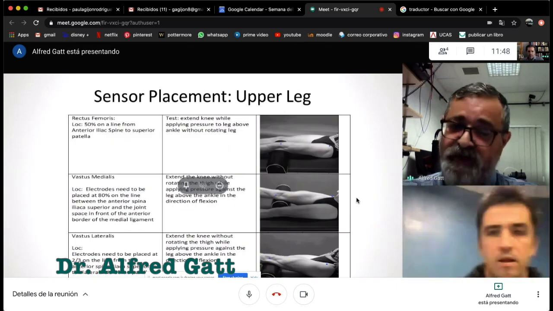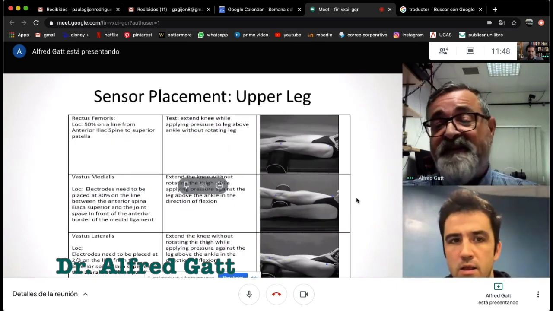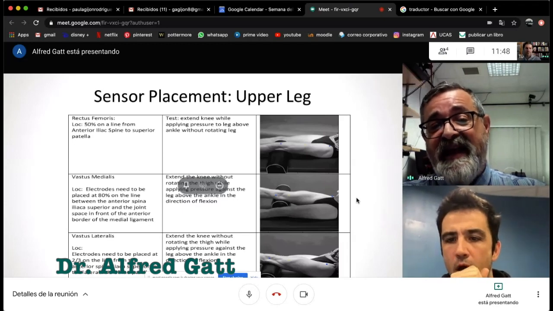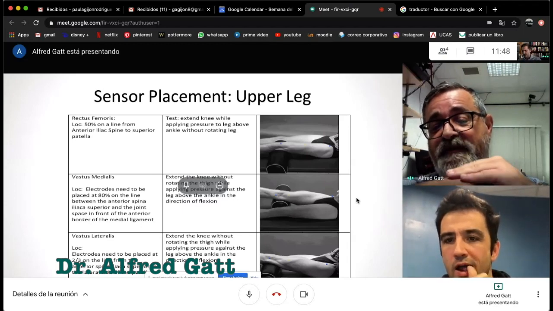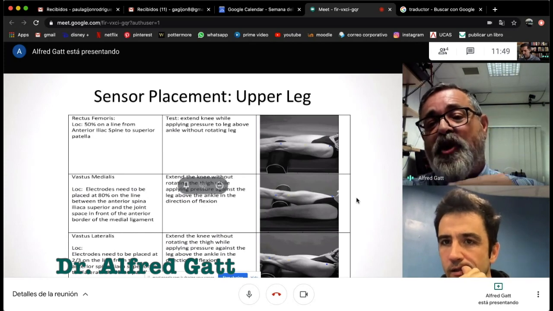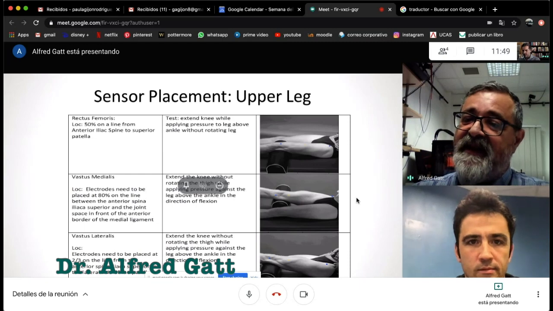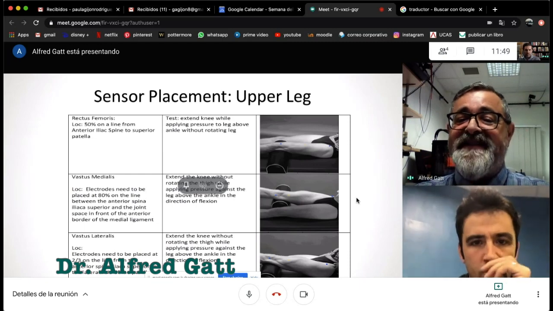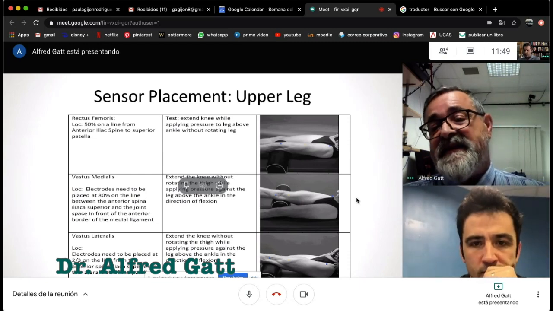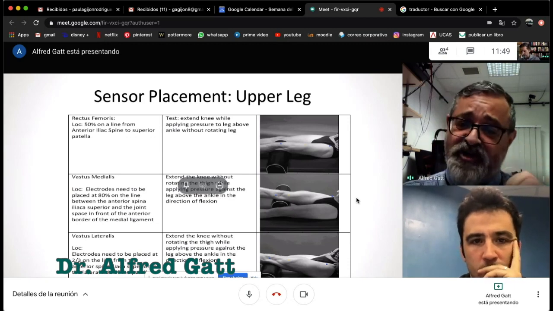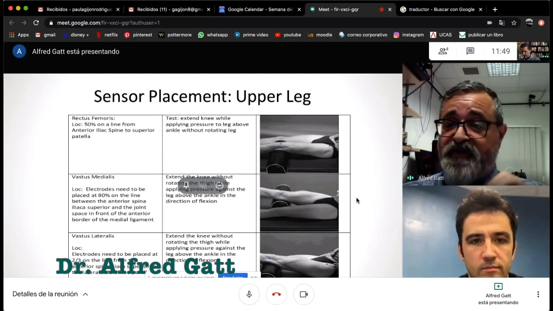Also, very important, besides having a very good contact of the sensor onto the skin, we must know that the sensor is really placed where it should be, so that we get the coverage of the muscle we want to cover.